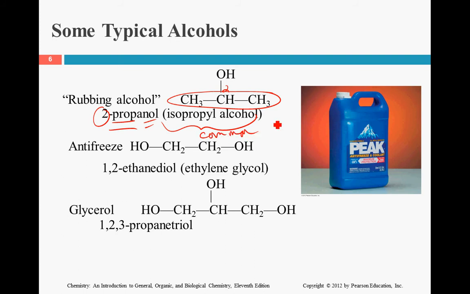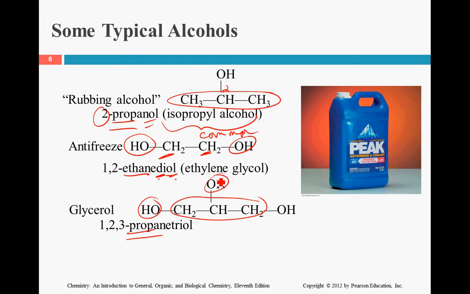Ethane, there's two carbons here. Because there's two OHs, it's diol, because there's two alcohols, and it's on the first and second carbon. And the last one, here's your 3 carbons, so it's propane.